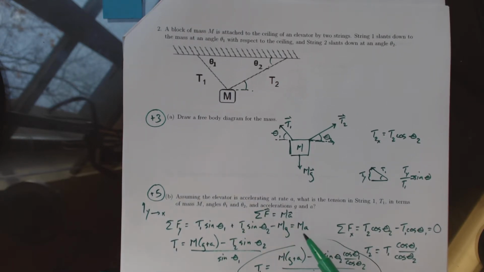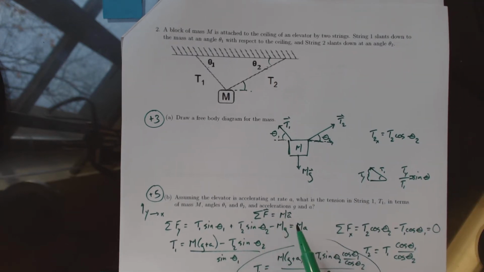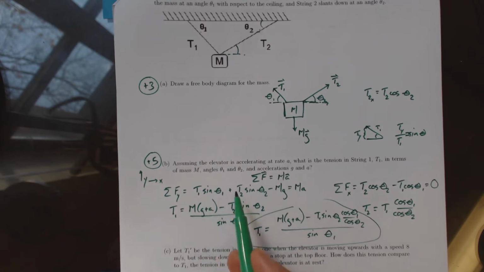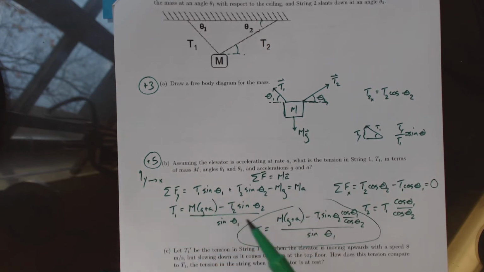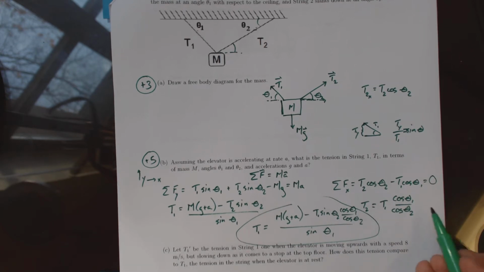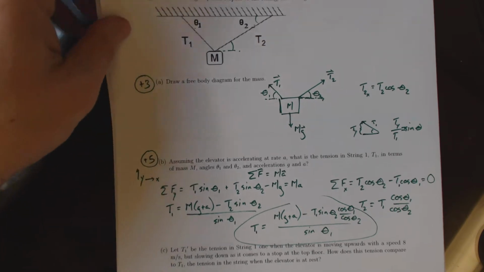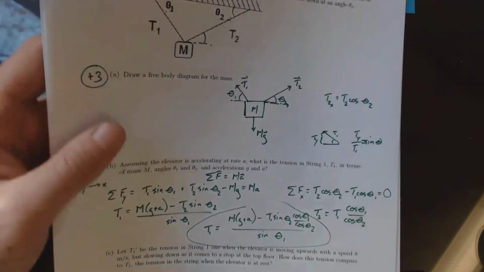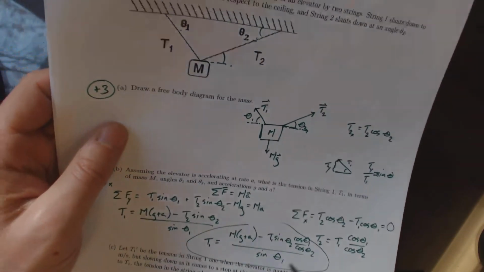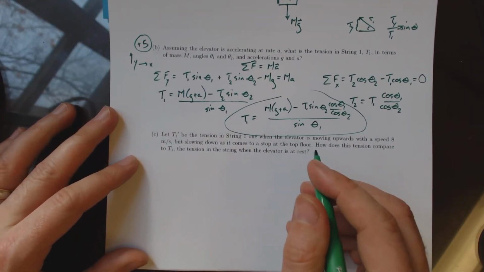So if you wrote in some of the forces, you get a point. And if you wrote the sum of the forces in y, and you start off right there, you get another point. Sum of the forces there, you get a point. If you figure out this one, you'd get a point. So you see, it's worth more, but there are more opportunities for partial credit. So you should always, if you know how to start, go ahead and do it. And then if you get stuck, at least you can get partial credit.